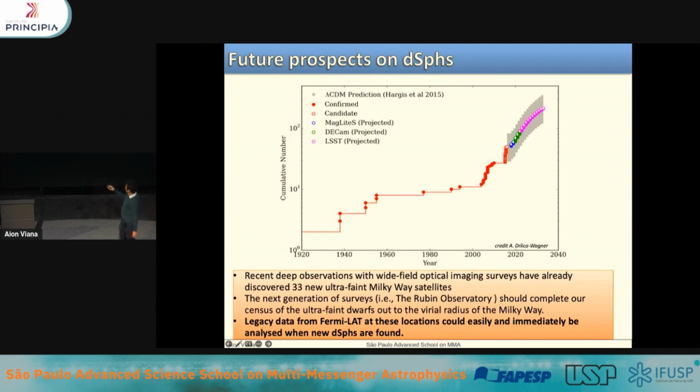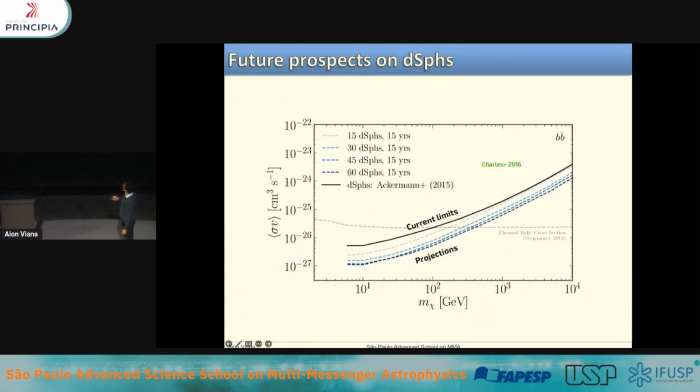So we expect that in the next decades, we're going to know all the dwarf galaxies, and we can use this legacy data from Fermi-LAT or HAWK or these large field of view observatories to look back and see if we see gamma rays from these dwarf galaxies.